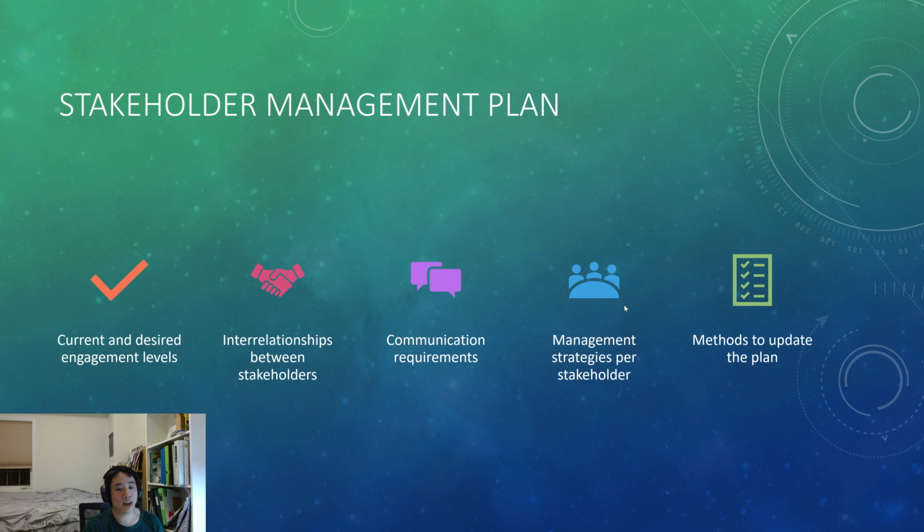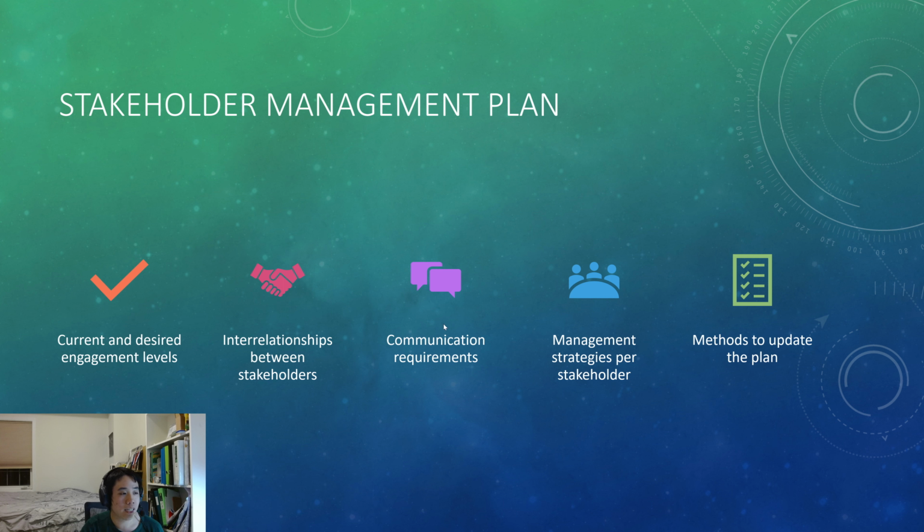And then when you're managing stakeholders, you may need to come up with a plan. You have to consider how much engagement you're going to put into some stakeholders. You may also want to make sure that the stakeholders hold nice relationships, not business relationships, of course.